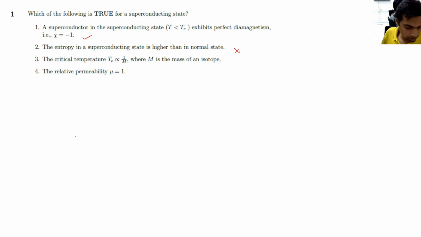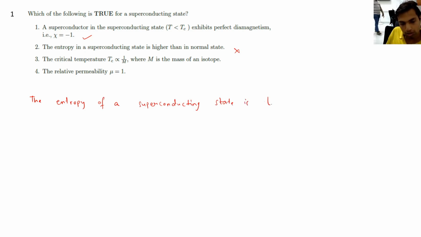So the correct statement is that the entropy of a superconducting state is actually lower than the normal state.